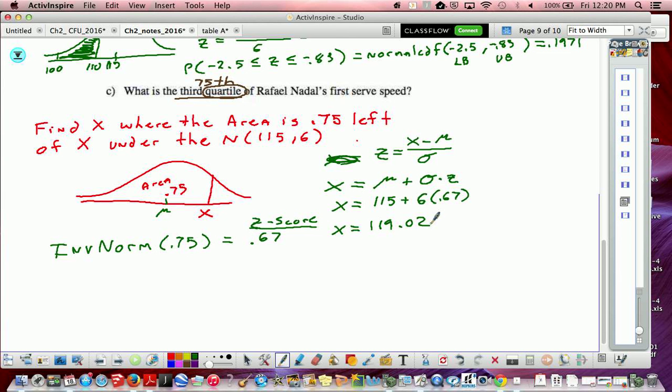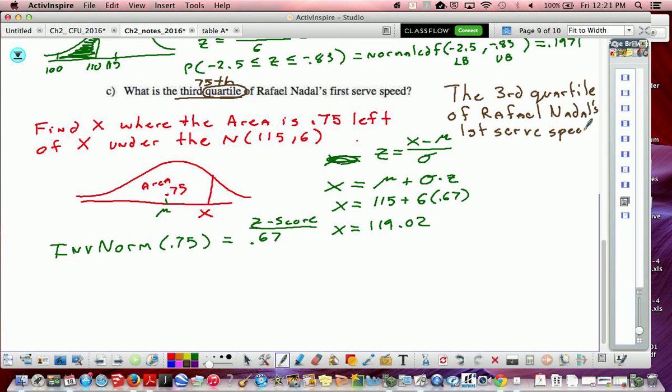There was another question, I think. So, the third quartile of Rafael Nadal's first serve speed is about 119 miles per hour.